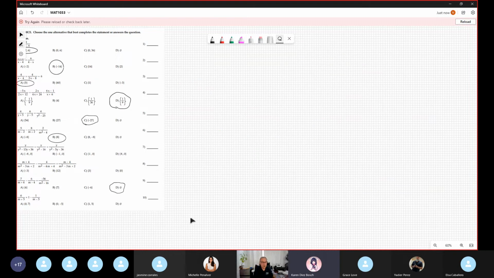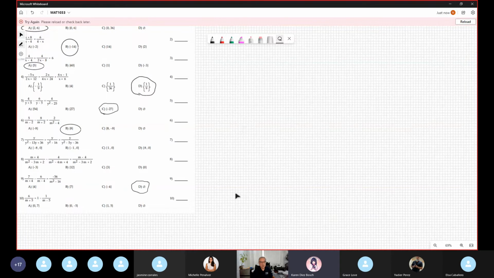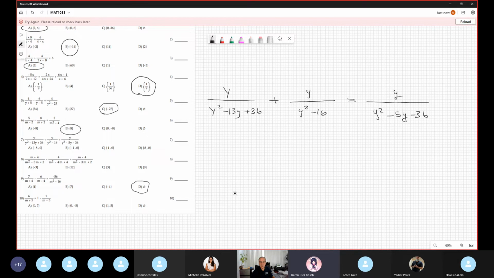Okay, let's go back to problem 7. Problem 7 says y over y squared minus 13y plus 36, wow, plus y over y squared minus 16 equal another fraction, y squared minus 5y minus 36. Another y here. Wow.